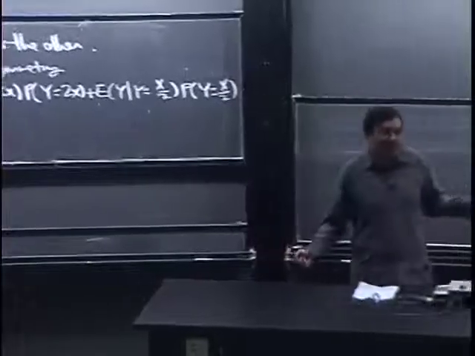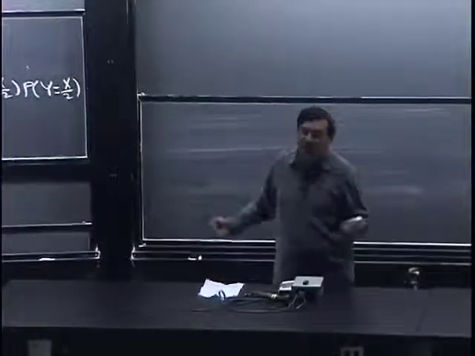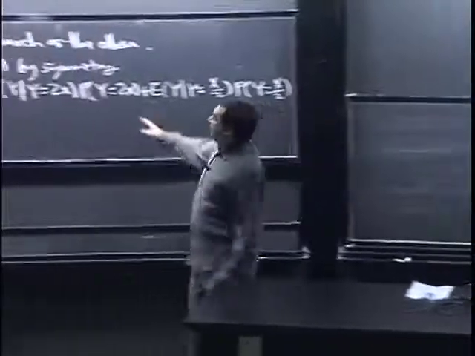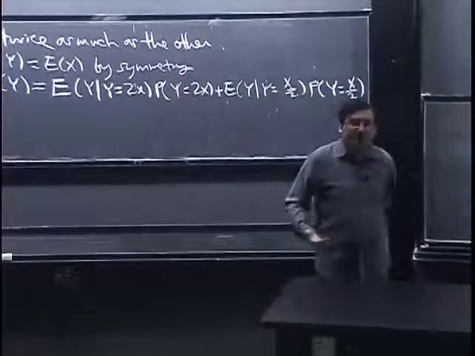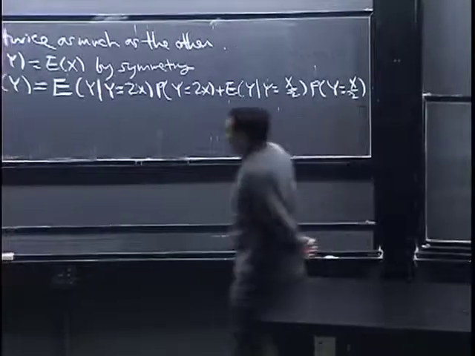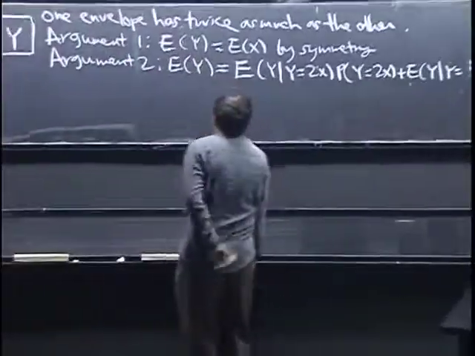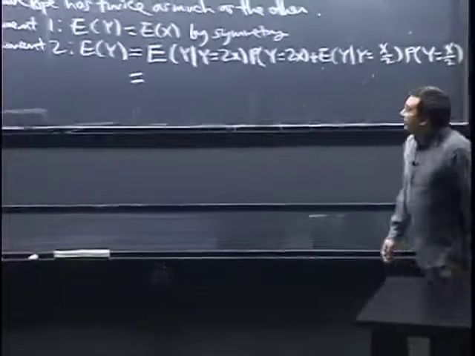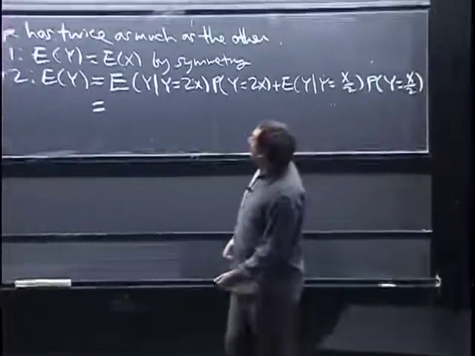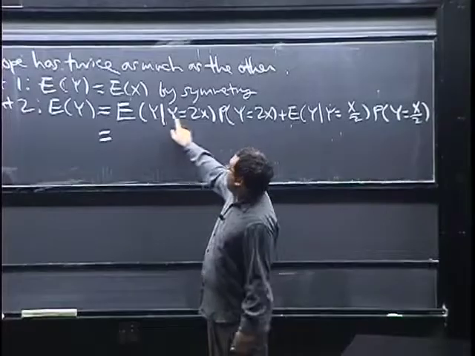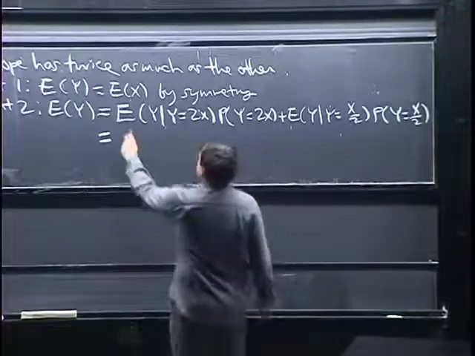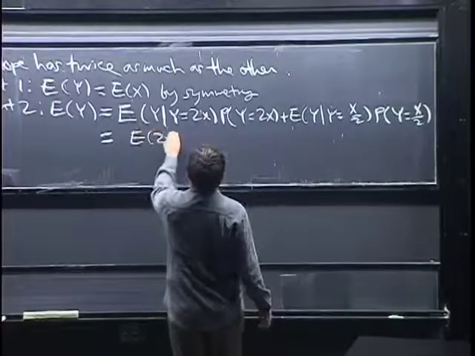So that's just a fact about expectation that you condition, and the proof of this is basically just the law of total probability, and that's true. So it's hard to argue with that. Let's compute this. So the argument goes, E of Y given Y equals 2X, well then we know Y equals 2X, so we're just going to replace that by E of 2X.